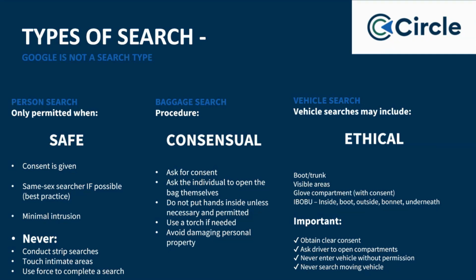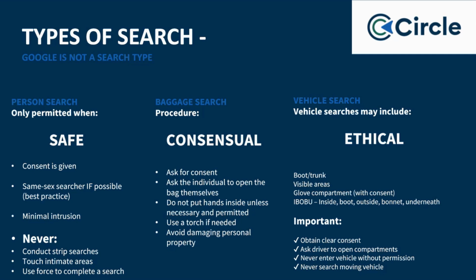A procedure that I like to follow with vehicles to make it a simple process is the acronym IBOBU, which is simply inside the vehicle, inside the boot, the outside of the vehicle, the bonnet area, and underneath carriage of the vehicle. So IBOBU, just for a simple reminder. Please remember, obtain clear consent on every section of the vehicle that you're searching.